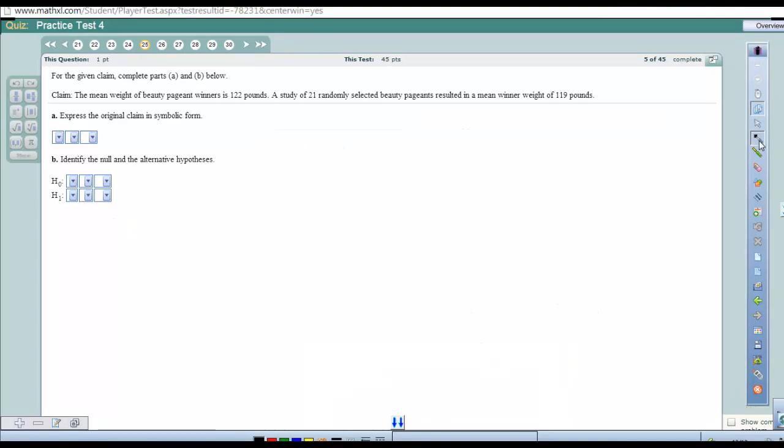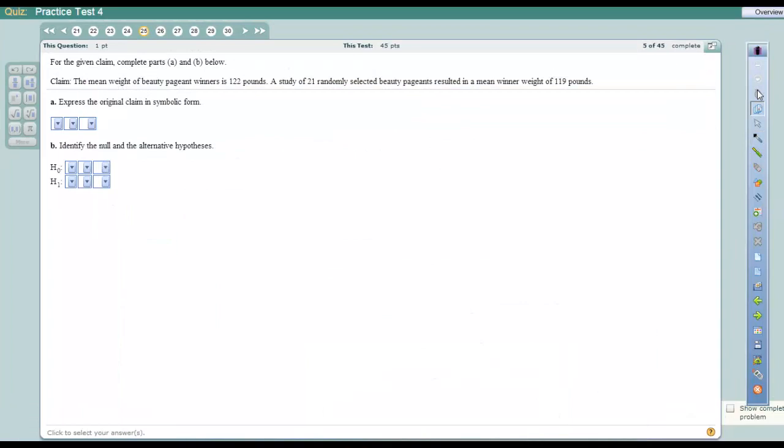Okay, so I would say that the claim is about the mean, and they say it is 122 pounds.